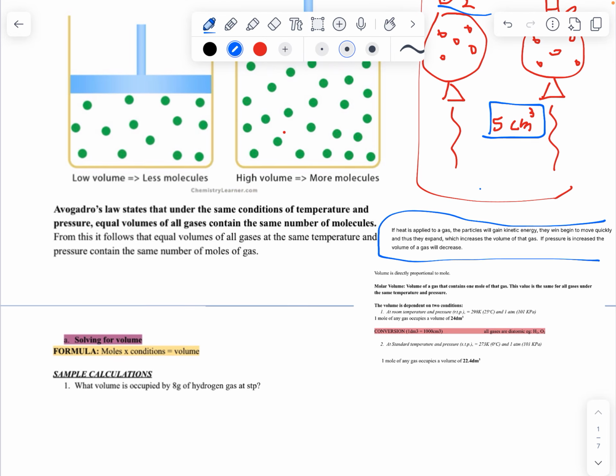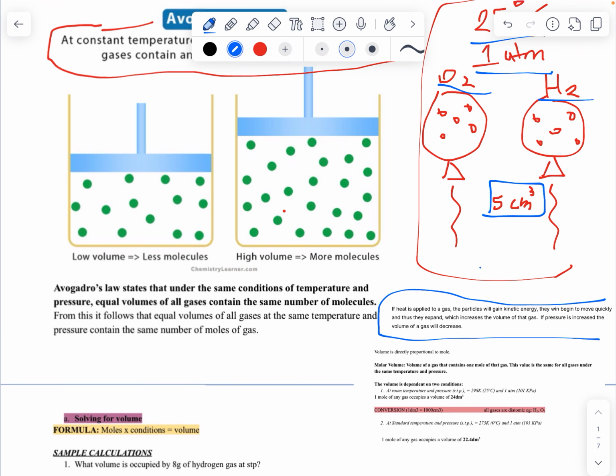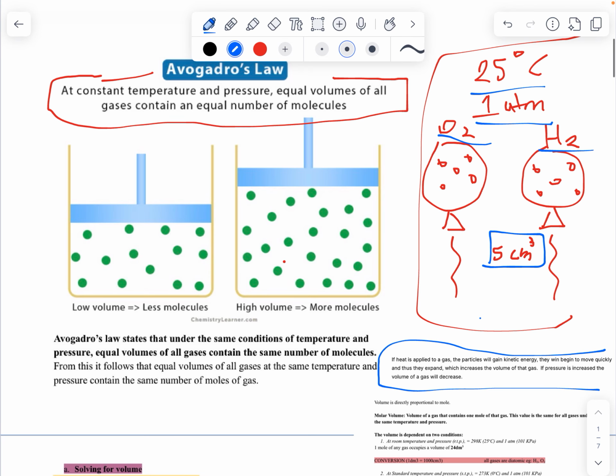Now for that, I hope we understand Avogadro's law. Just a recap for Avogadro's law: he says that no matter the temperature, the pressure, and the type of gas, it will have the same number of molecules in the same volume.